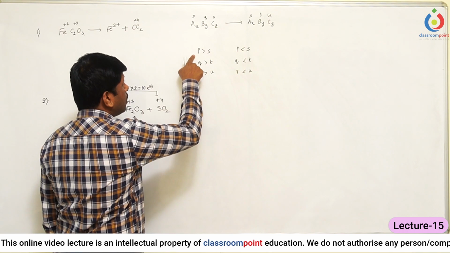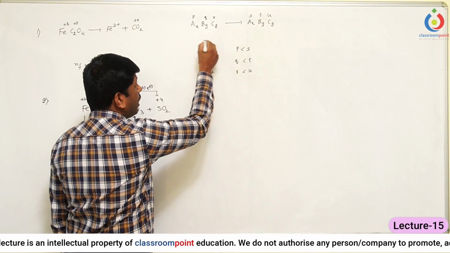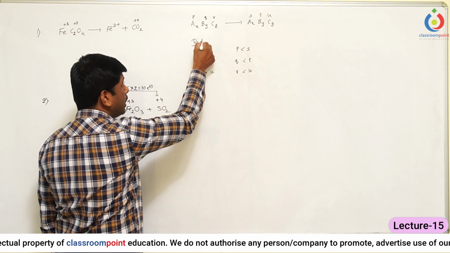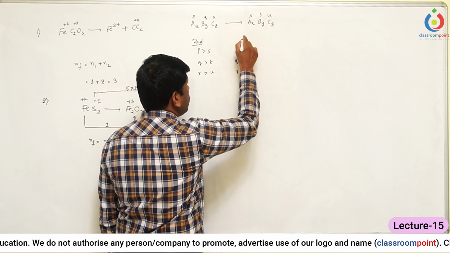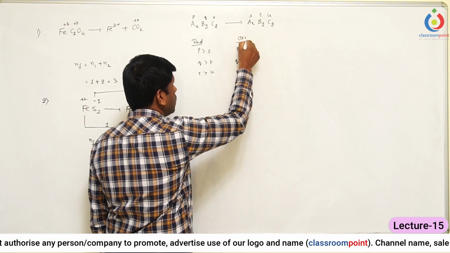See, if these values are higher than those values, the process is called reduction. And if these values are less than those values, the process is called oxidation.